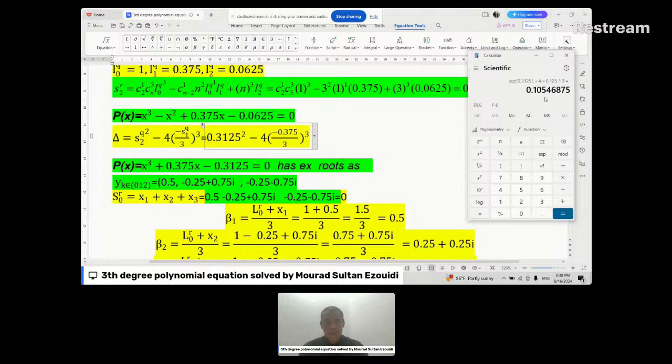So this one, learners, I will now find the roots. This is delta. It's positive. Therefore, I'm going to find the roots of this, to the power 0.5. The root of this will be 0.5.